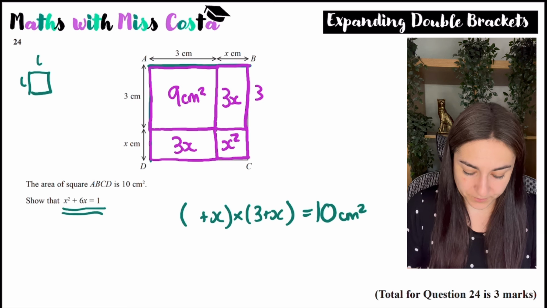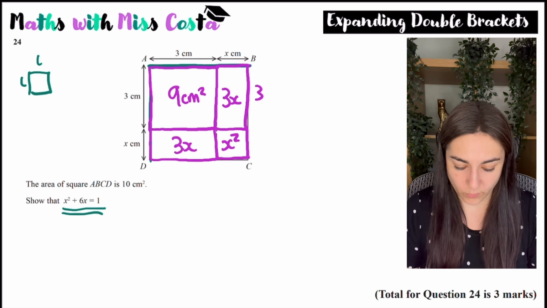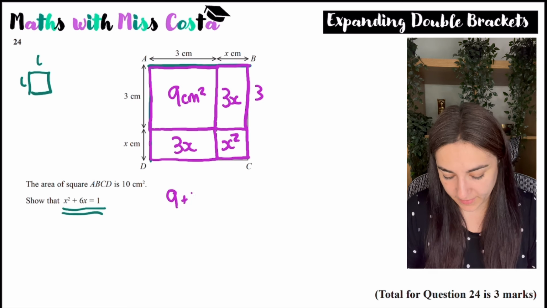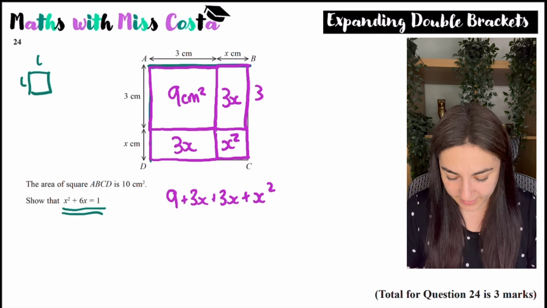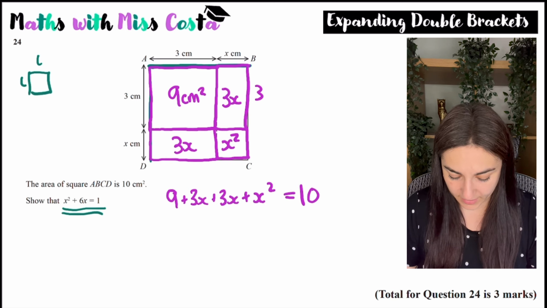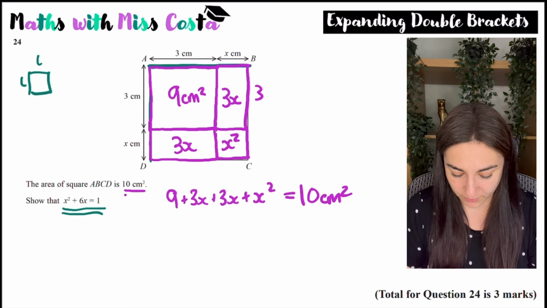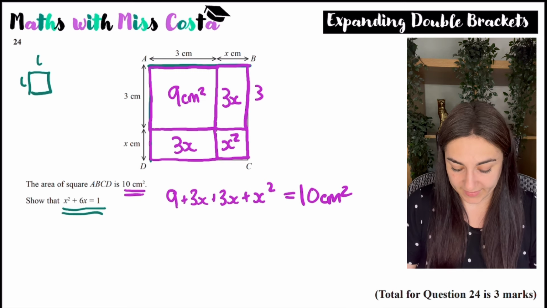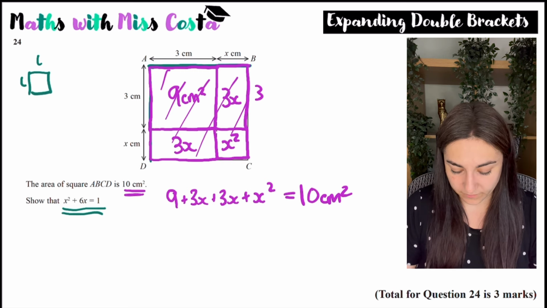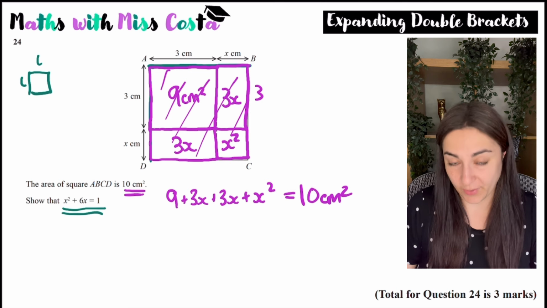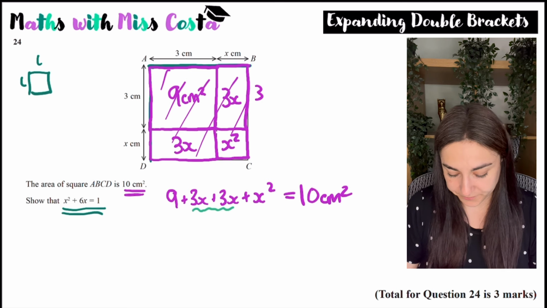And then what I could do is write them all out. So I could say 9 plus 3x plus 3x plus x squared must equal 10 centimeters squared, because that's what they've told me. So this is the area in here, and it must equal 10 centimeters squared. I could simplify that.